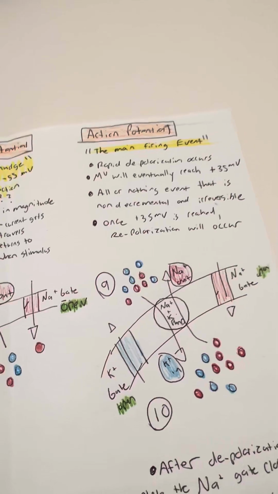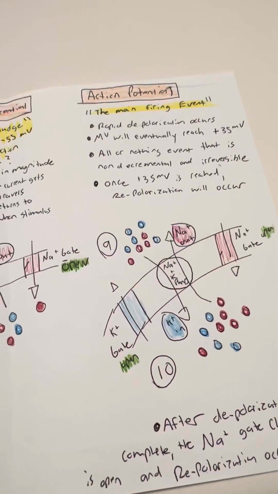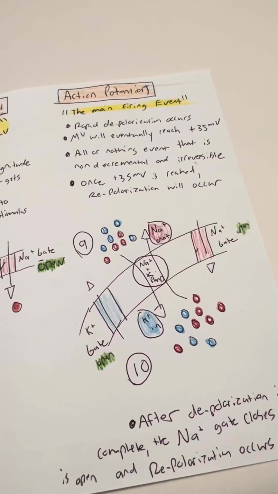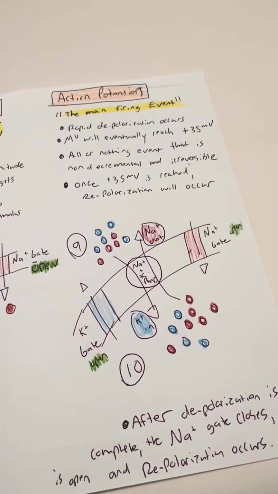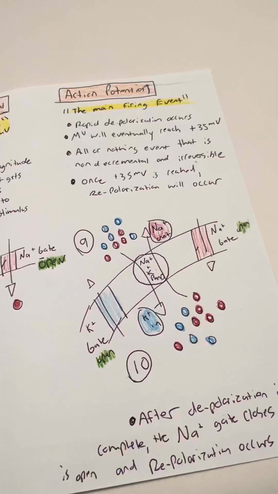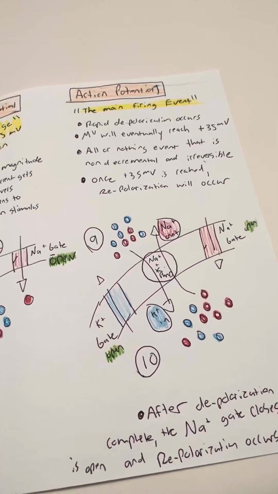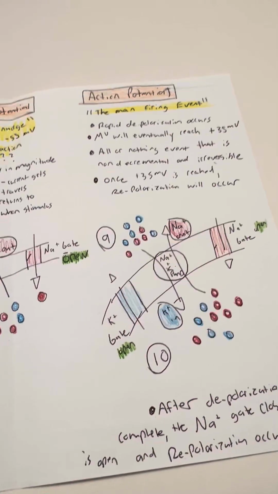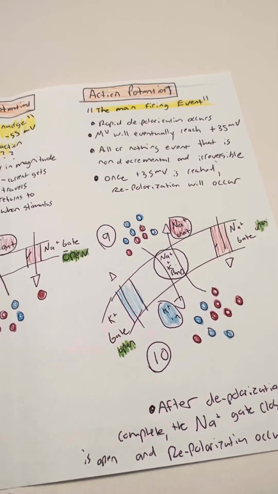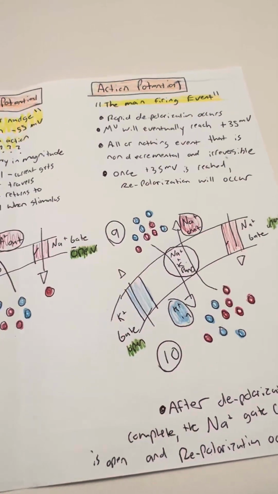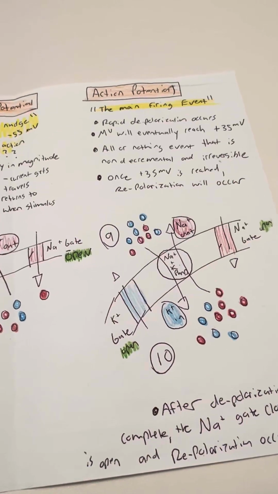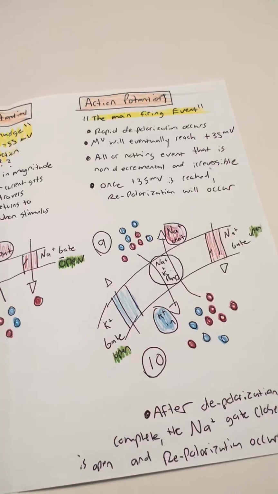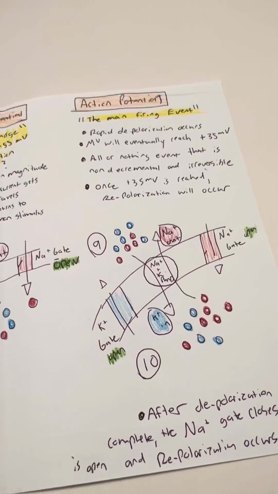But in the action potential, this is where we're going to have rapid depolarization. The reason why is that at this point, the sodium gates are wide open, and sodium is flooding into the cell, where not only do we eventually reach 0 millivolts, we'll actually get to a positive 35 millivolts, which is when the neuron will fire.